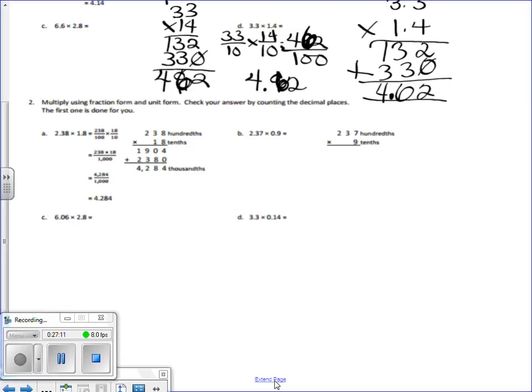Okay. So these are done in the same manner, but all they did was add a little extra number in the back. So here it's 2 and 38/100ths. So if you were writing it as a fraction, 237 hundredths times 9/10.